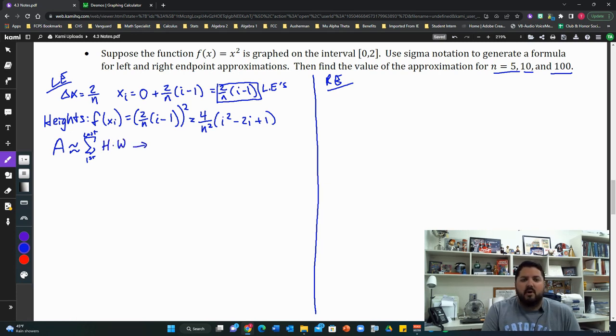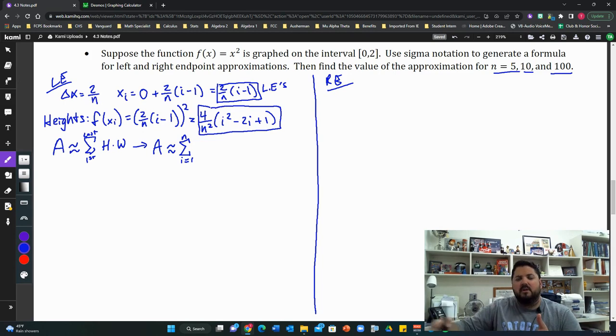But for these problems, the way that we have notationally represented each of those, we are going to set up the sum from i equals 1 to n of the heights, now represented by this expression. Another way of thinking about that: if I choose a value of n, so I choose how many subintervals I want to break the interval up into, and then I tell it which subinterval to work with, so I pick a value of i, then that will generate the value of the height for that rectangle.